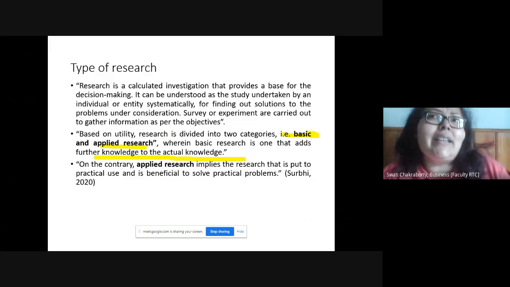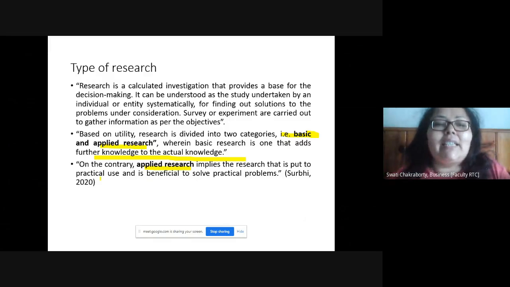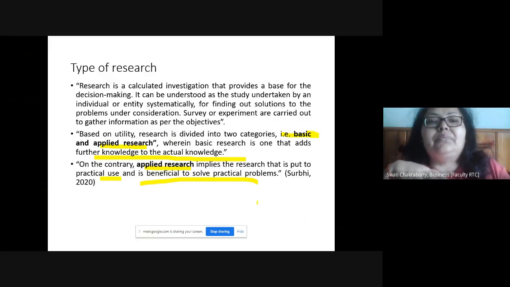You don't learn anything new. Whereas applied research is research which is practical, which you can use in reality, and it's beneficial to solve some practical problems. So that's the difference.